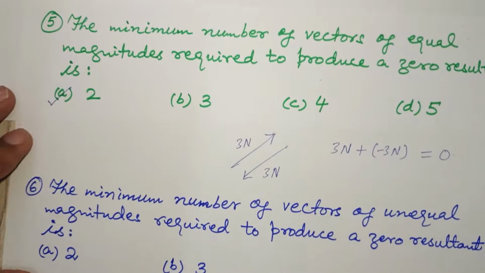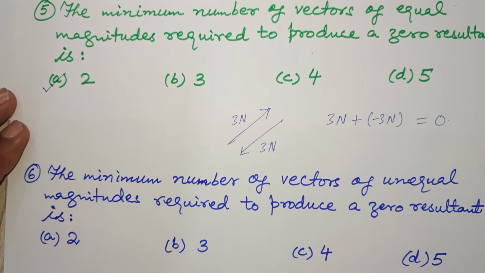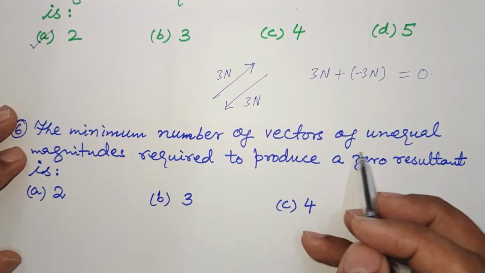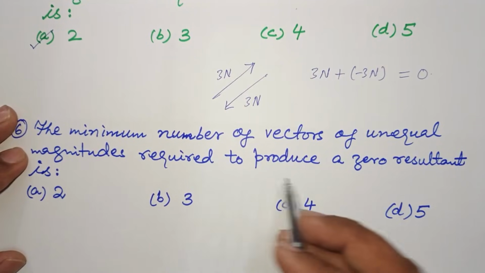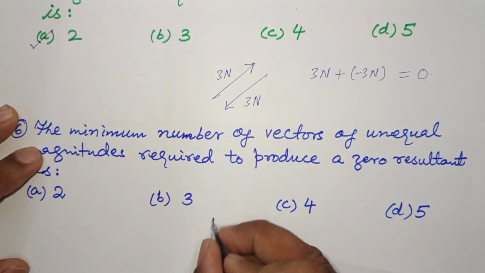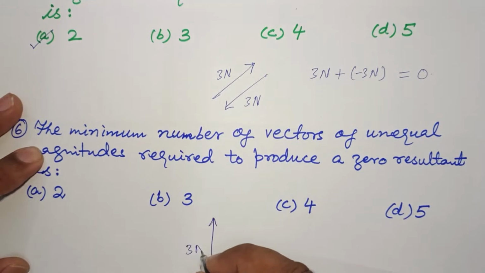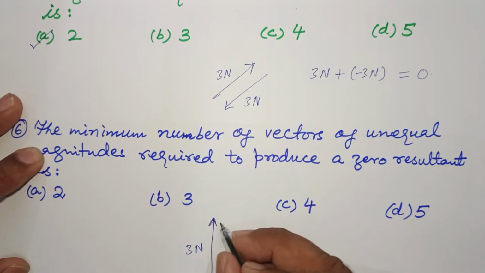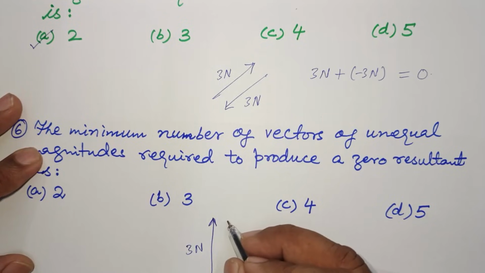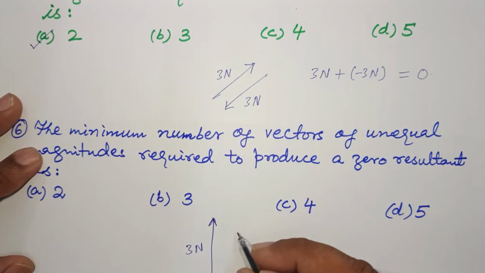Move to the next one, which is like this one again. This time they are saying the minimum number of vectors of unequal magnitudes required to produce a zero resultant. Now let's suppose this is a vector given by magnitude 3 Newton moving in upward direction. We cannot neutralize it by a single vector of unequal amount. Why?